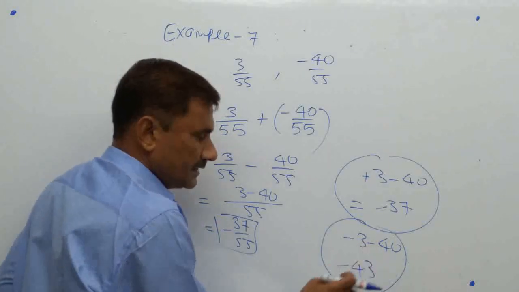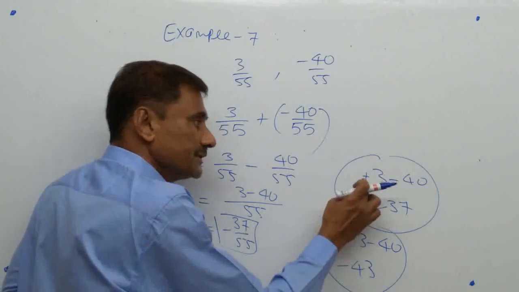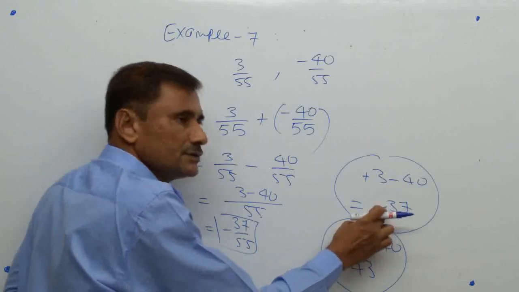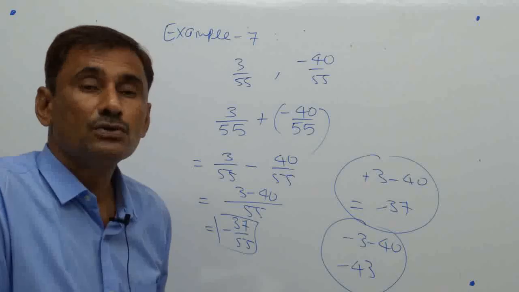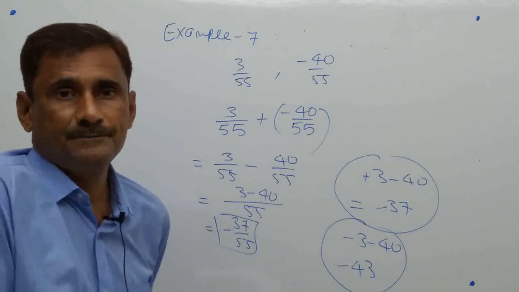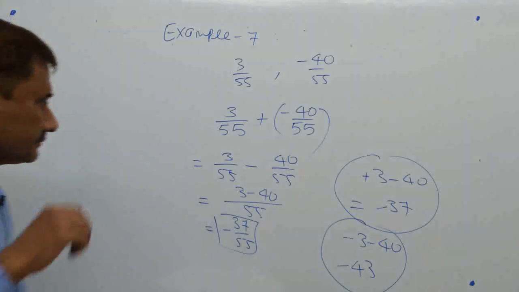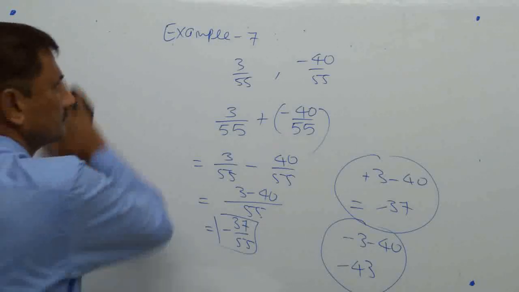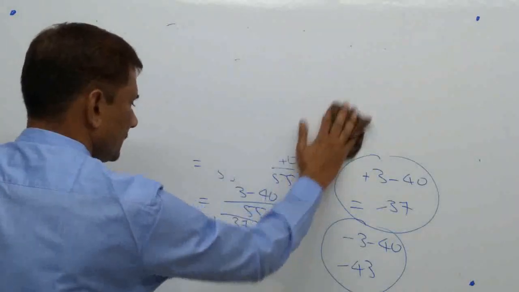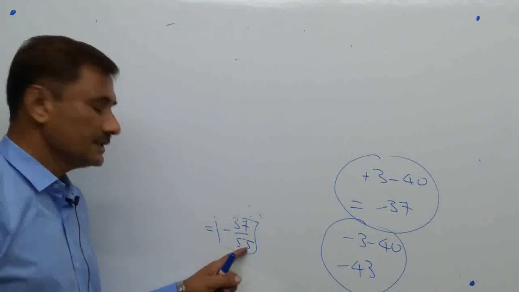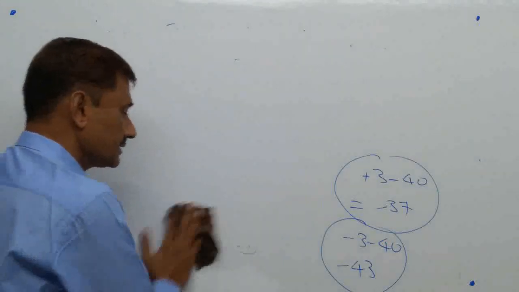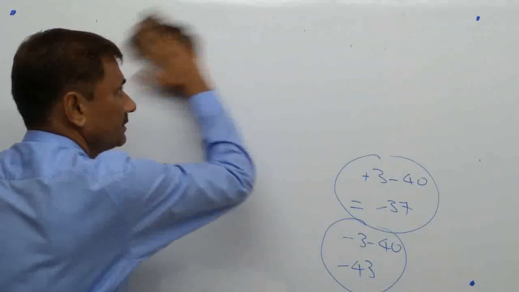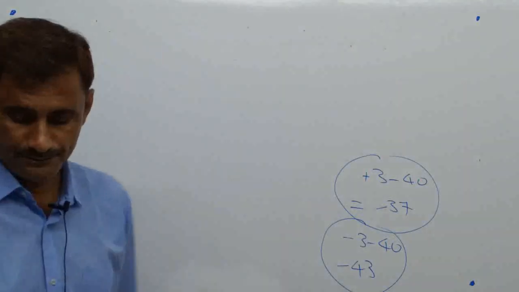If both are plus, then addition. If the first is negative and the second positive, then difference. But be careful at last to put the sign of the bigger one. And at last, if cancellation is possible, then you should do it, meaning your final answer should be in simplest fraction, standard form.